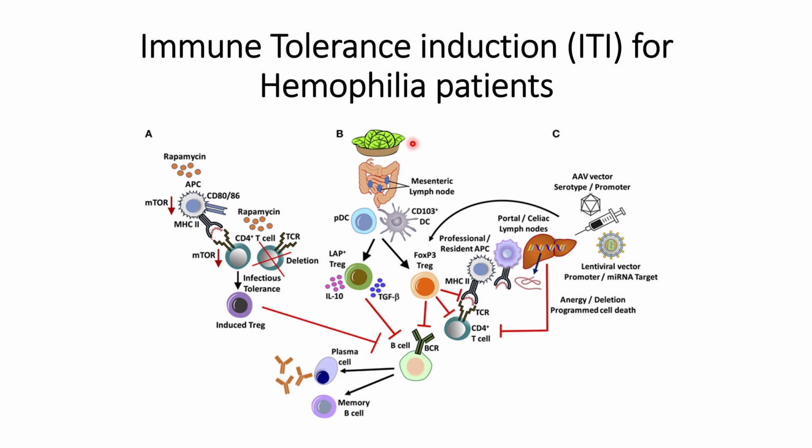The second strategy is using these leaves. These leaves are designed in a way that they will also reduce the CD4 plus activation into the effector cells, and simultaneously induce the Treg pathway.